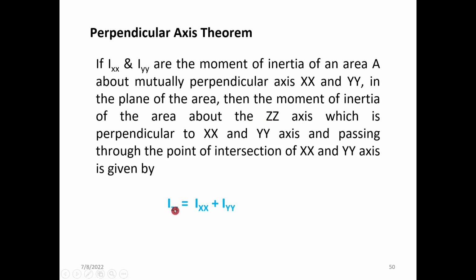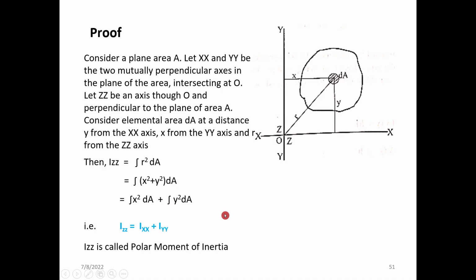So for that z axis, Iz is equal to Ixx plus Iyy. A simple derivation, with the same figure you considered before. Iz is equal to the integral of r square dA, where r is the distance to the third axis, the z axis, which is perpendicular to the screen.